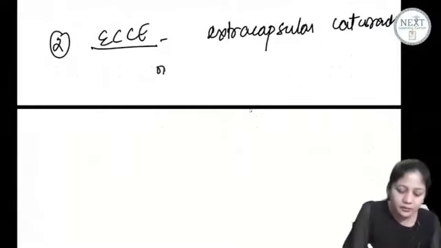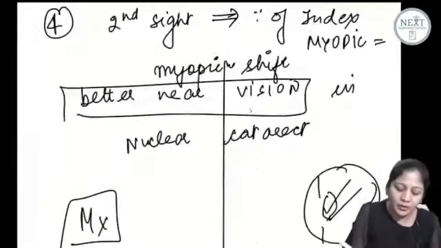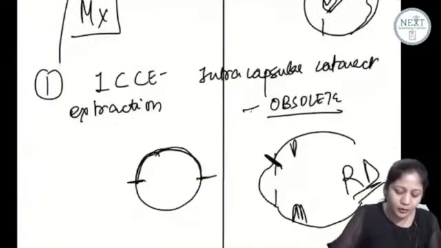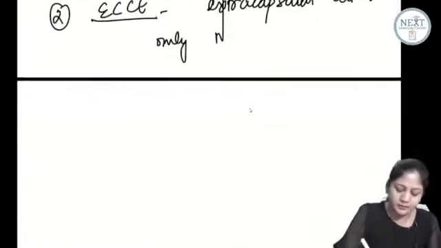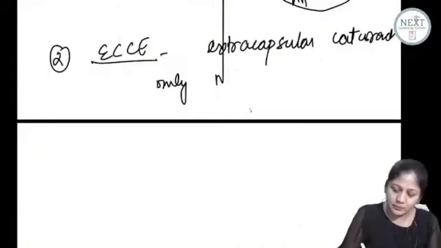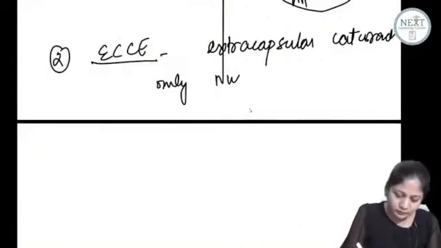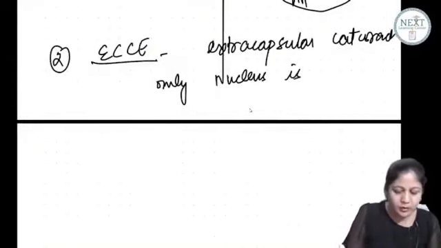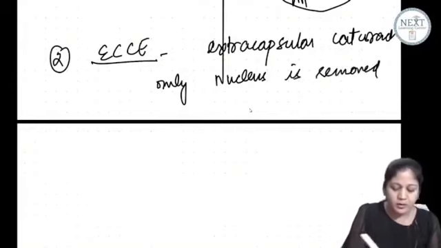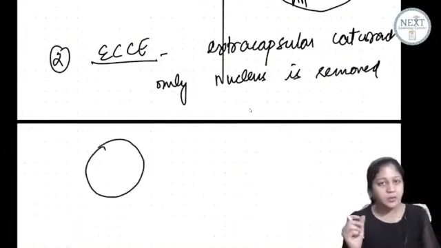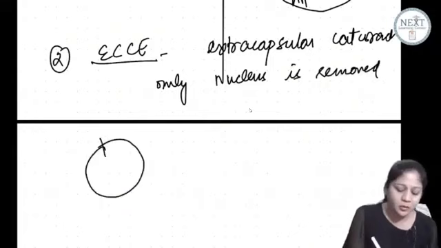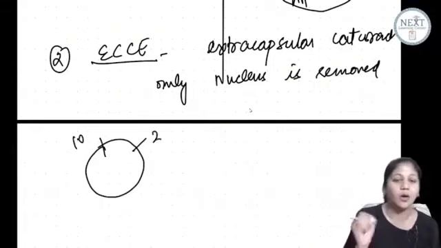So here the basic idea is only nucleus is to be removed. We are not removing the whole of the lens. Only nucleus is removed. So I'll just explain you, please see, because only nucleus is removed, so the incision required is smaller. 10 o'clock to 2 o'clock.